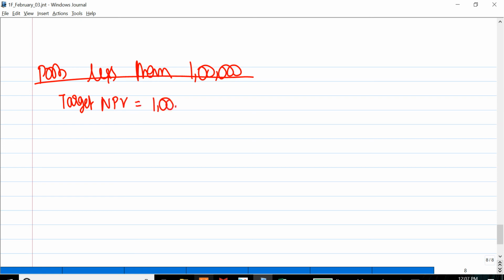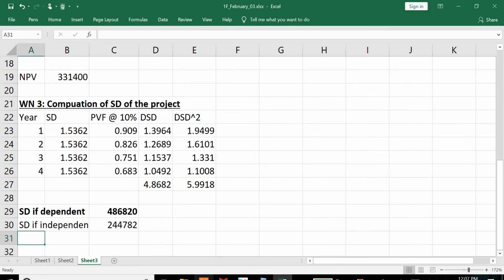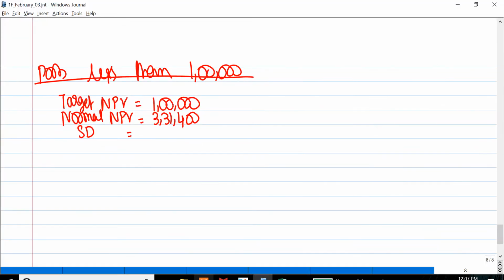Target NPV 1 lakh. Normal NPV 331,400. Standard deviation 486,820.